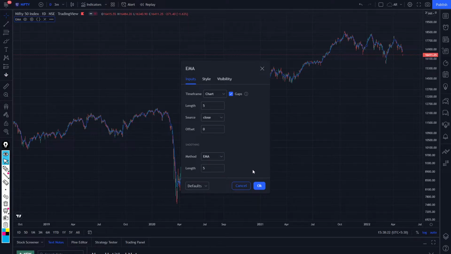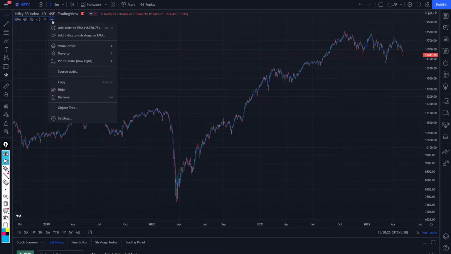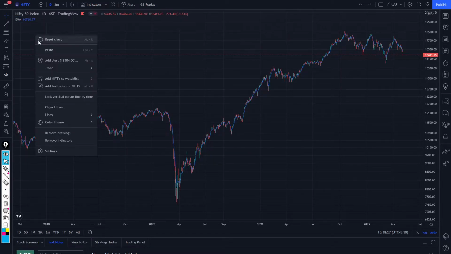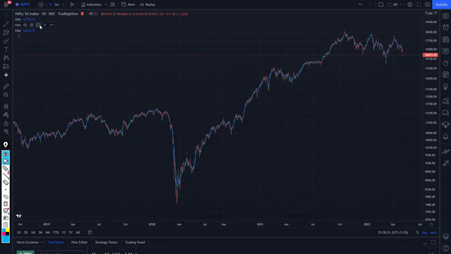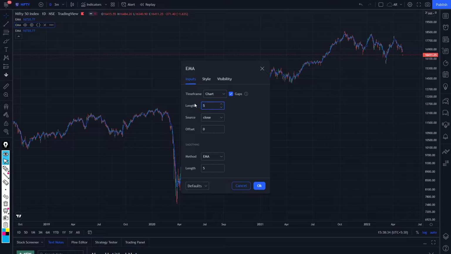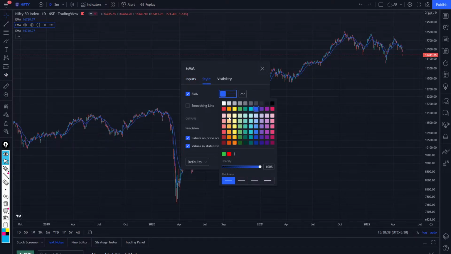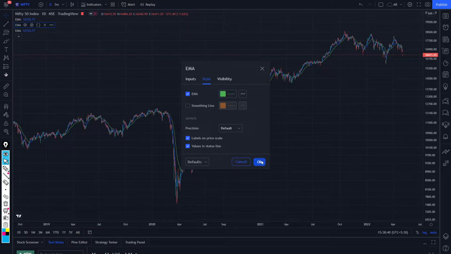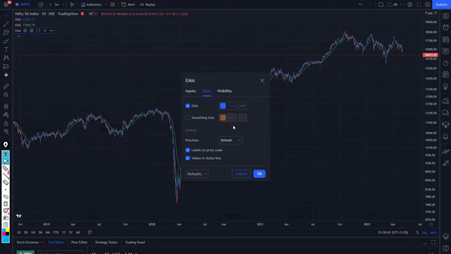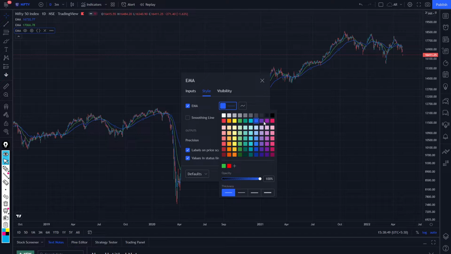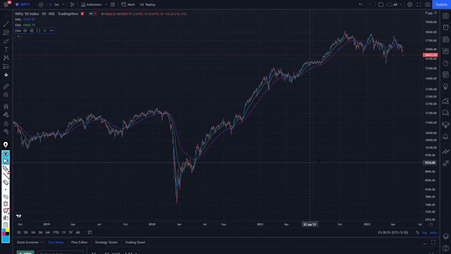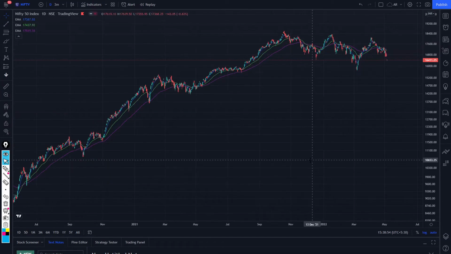So 5, I will copy, paste it again, and put 20 period, the style will be green. Here, 50 period, style will be purple, and done. So this is now EMA.